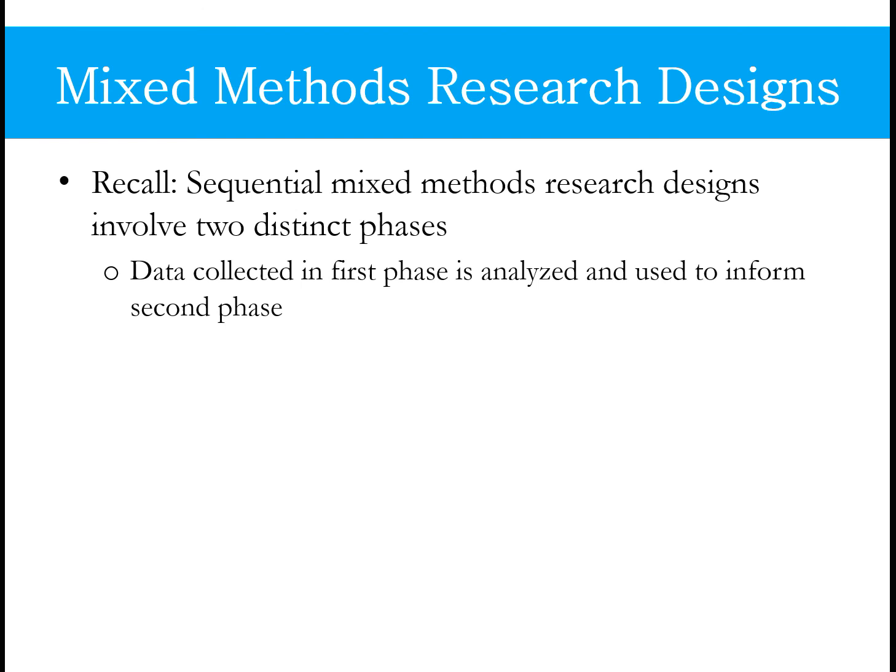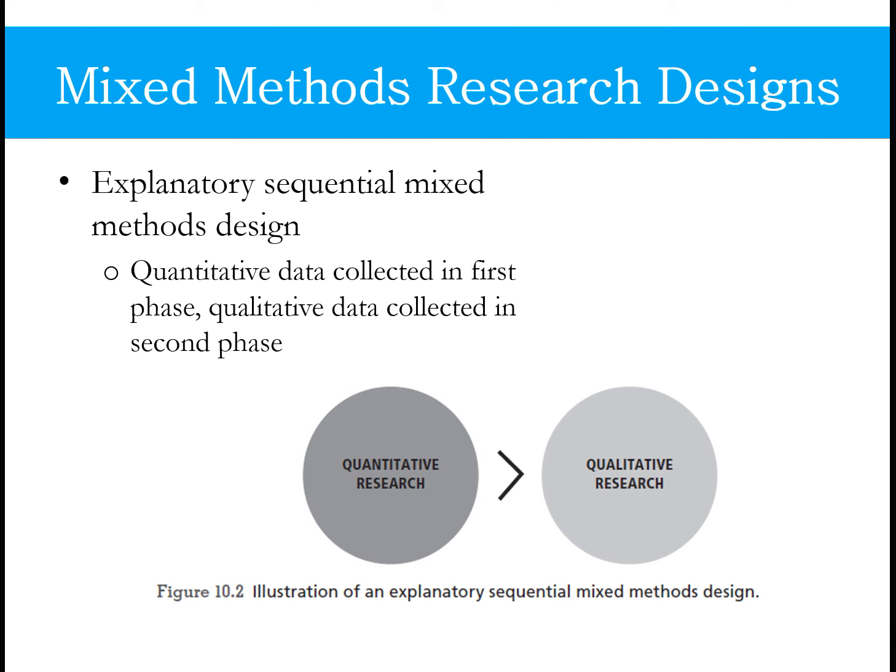So also recall that the sequential mixed methods research design has two phases. Data in the first phase is analyzed and used to inform data in the second phase. And this can take two forms. So we have the explanatory sequential mixed methods design.